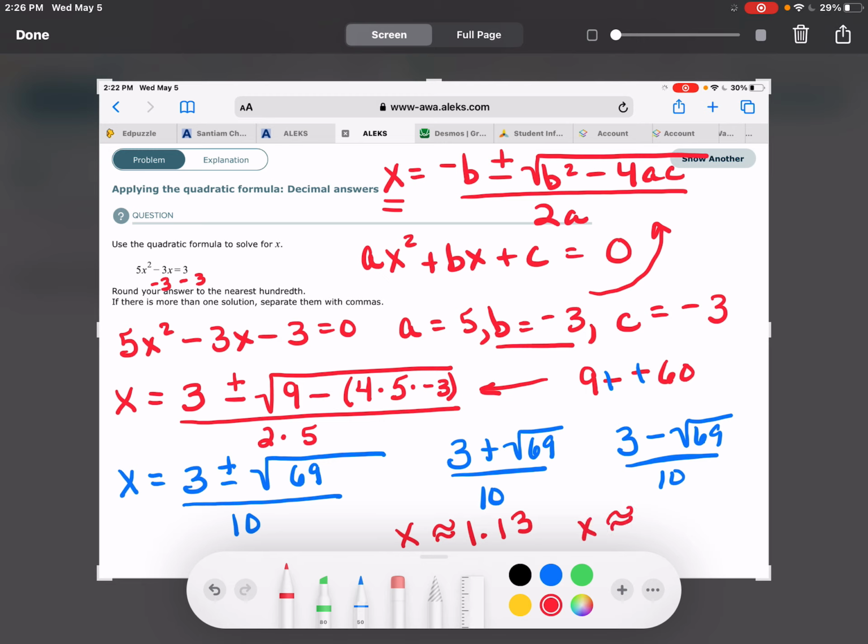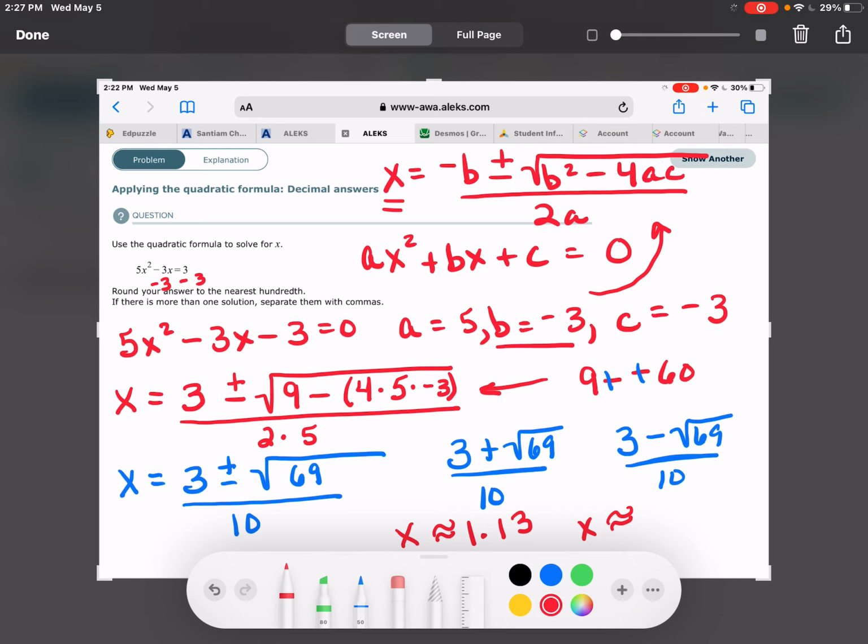And the other number, I see how I'm using a wavy equals. That's because these are approximate answers that I'm writing now. Anytime you have to round, you're getting approximate answers. 3 minus the square root of 69. That's a negative 5.3066 more decimal.